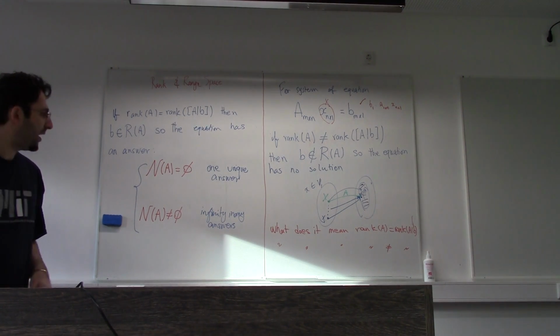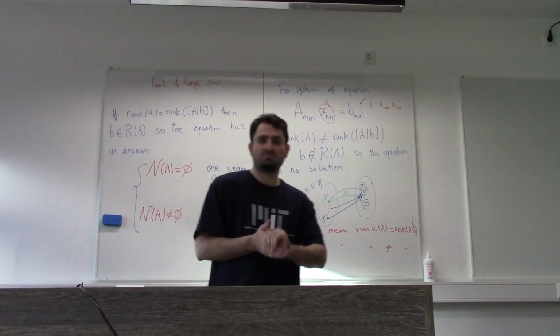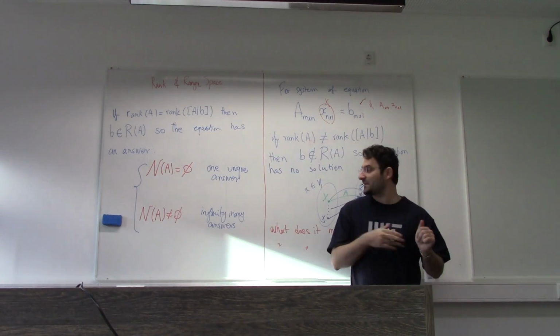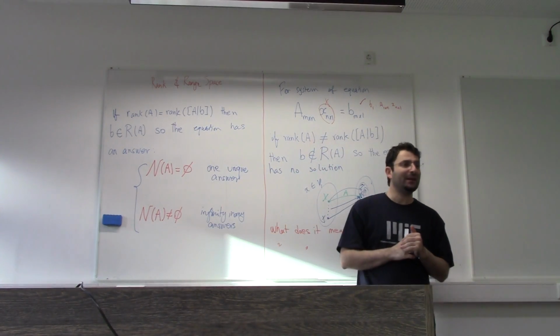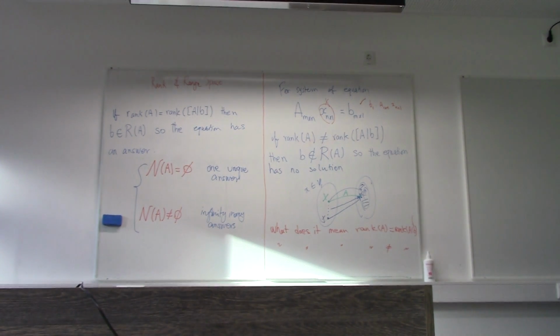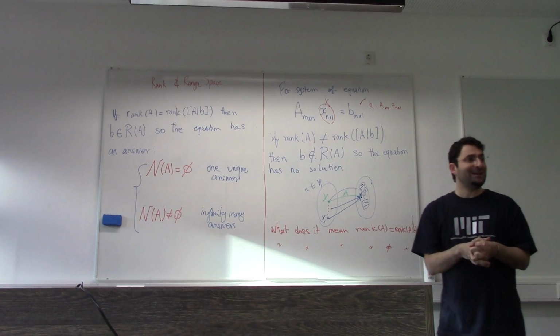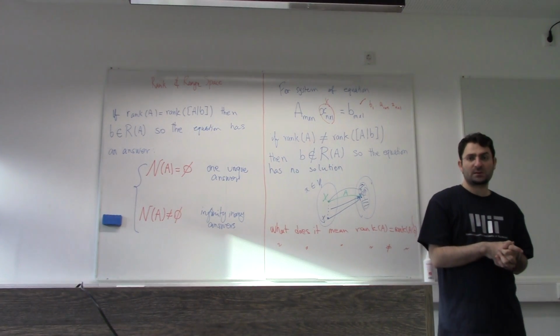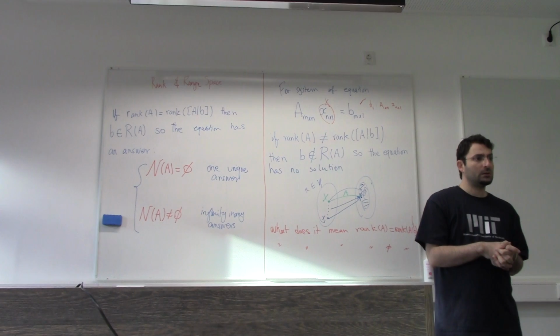We remember from undergraduate algebra or calculus, when do we have infinitely many solutions in a system of equations? When the number of equations is less than the number of unknowns. Right?